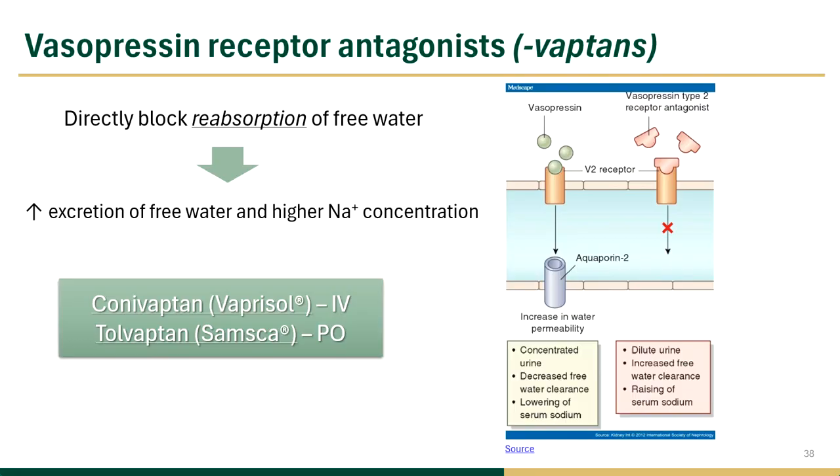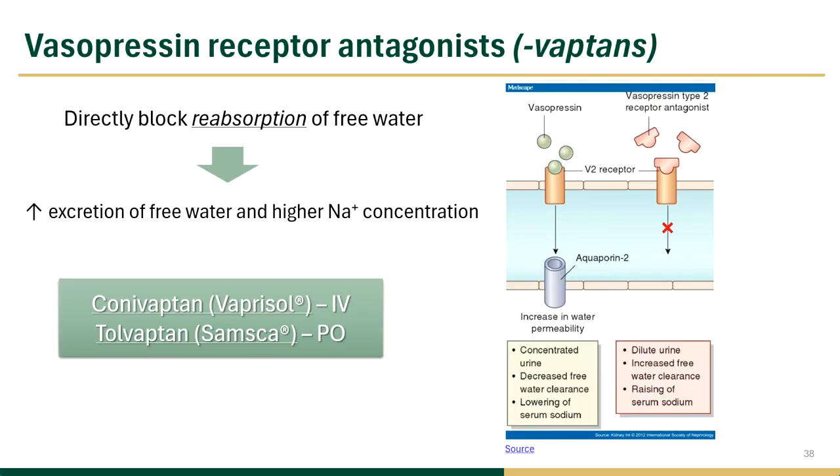Vasopressin sits on the V2 receptor, and it increases the water permeability. So if you have a drug that sits on it, it will block the reabsorption of free water and lead to higher sodium concentrations. So you're not going to eliminate as much sodium, but you're also going to excrete more free water.